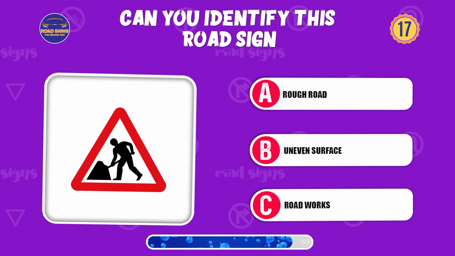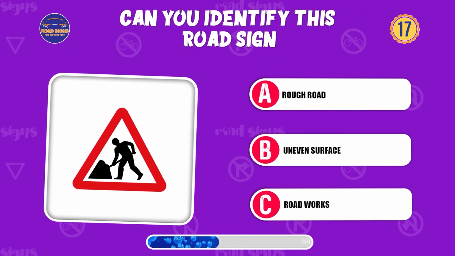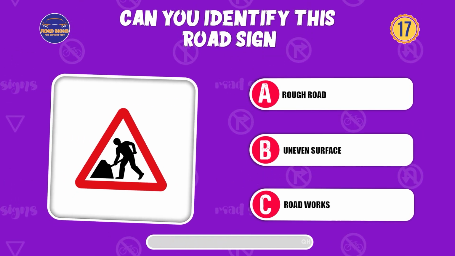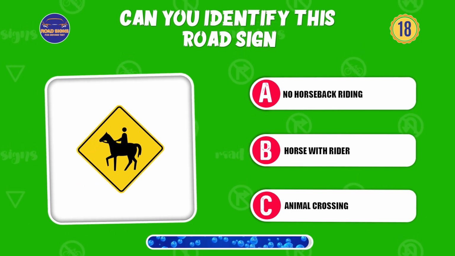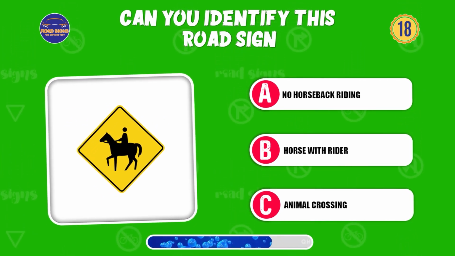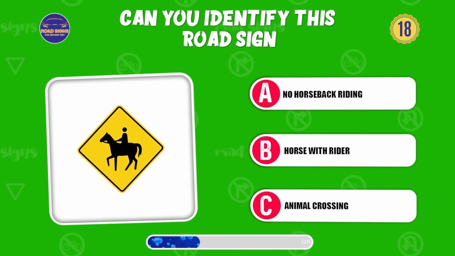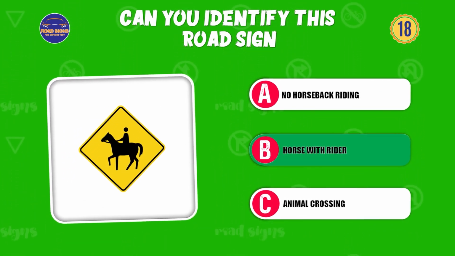What road condition is highlighted by this sign? C. Road works. What does this sign inform about animals? B. Horse with rider.